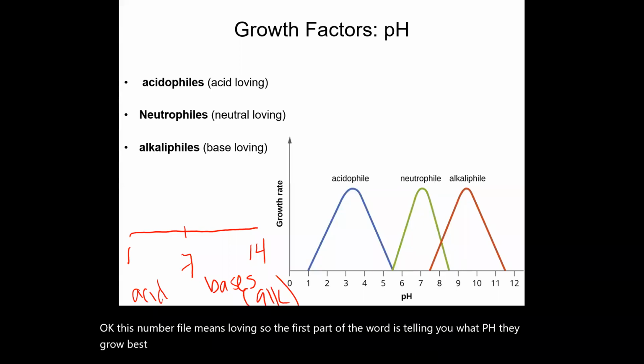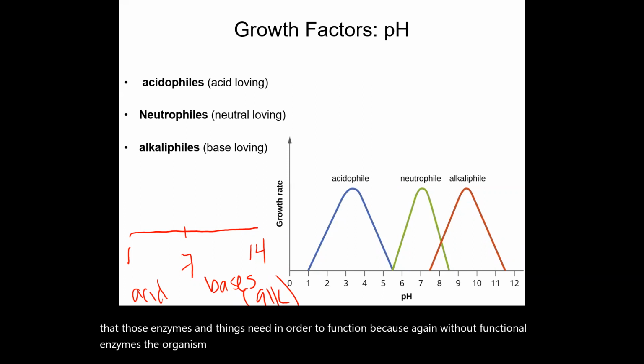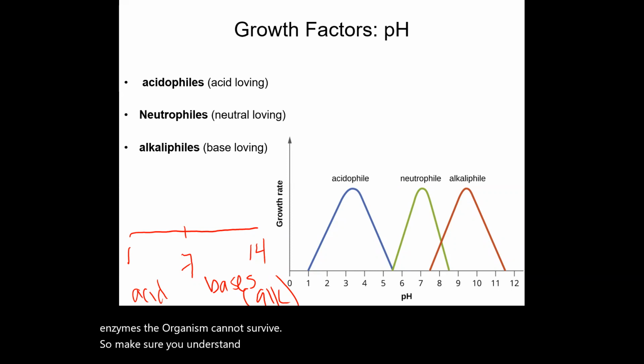And again, the pH that an organism grows best at is going to align with the pH that those enzymes and things need in order to function. Because again, without functional enzymes, the organism cannot survive. So make sure you understand how the overall well-being of the organism in terms of its temperature, pH, and kind of growth requirements corresponds to other things we've learned about.